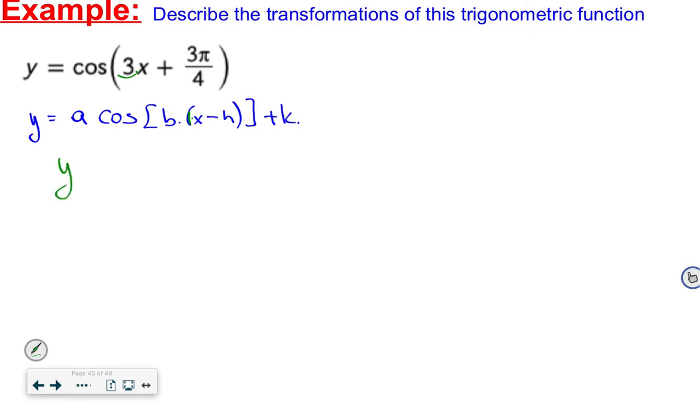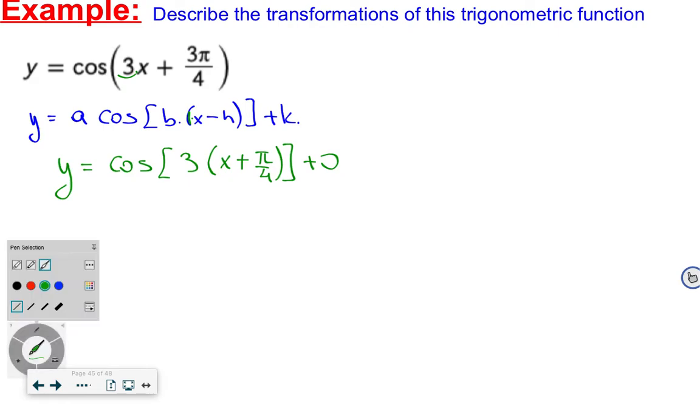After that, Y is going to be cosine. If you get the greatest common factor, which is 3, you will get X plus pi over 4, plus 0.